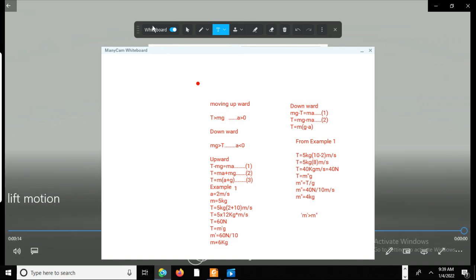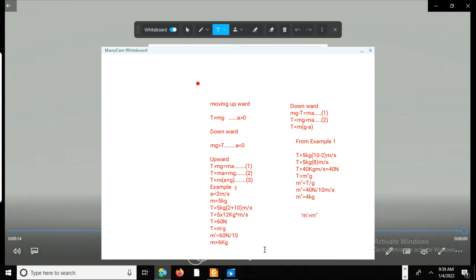So this is an illustration to see the difference between the mass due to motion of the body moving within the lift upward or downward. Its mass effect due to the motion will be changed. This is apparent mass.